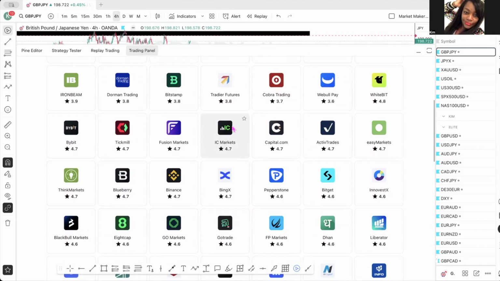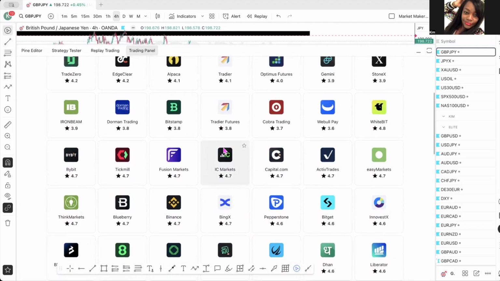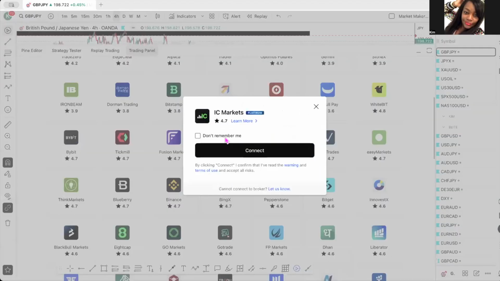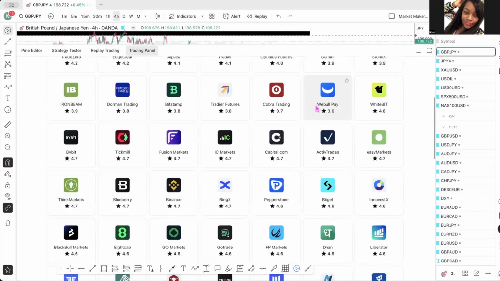So if you have IC Markets, you can add it to TradingView and trade it on here. Again, you just have to click on the broker and go through the steps to connect. You'll be using your IC Markets login information to connect it.